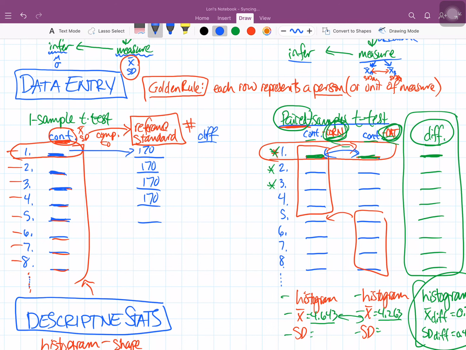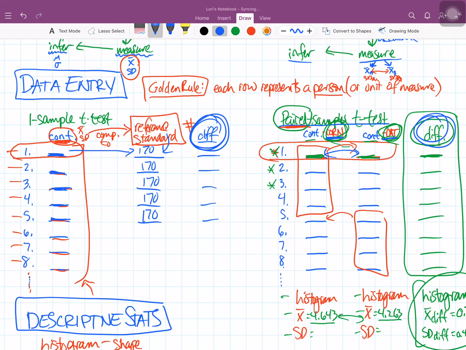And so for each one, we have a different score. You don't see this in the dataset spreadsheet, but ultimately behind the scenes, we're doing exactly the same thing mathematically. It's just that with a one sample t-test, we're comparing to a reference standard. With a paired samples t-test, we're comparing two measurements for each person to their own reference or their own baseline.